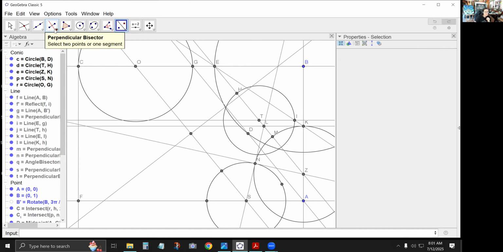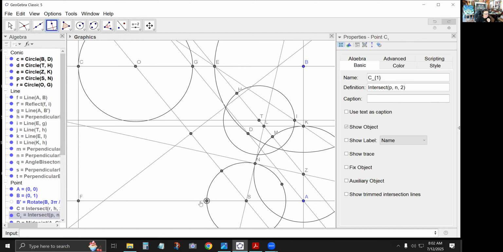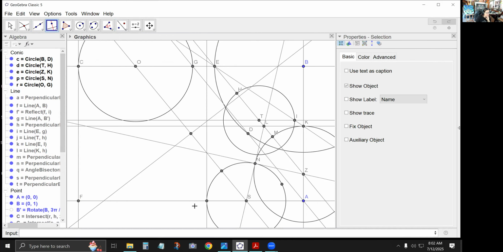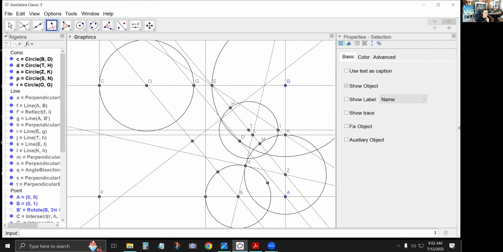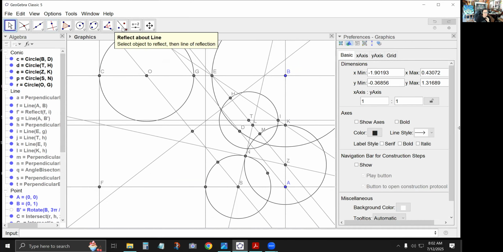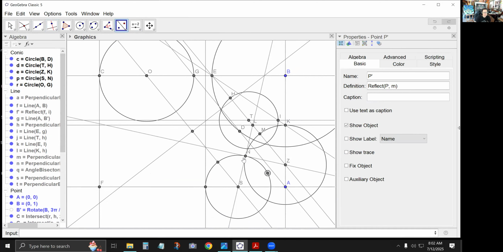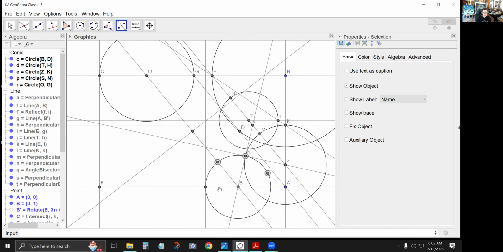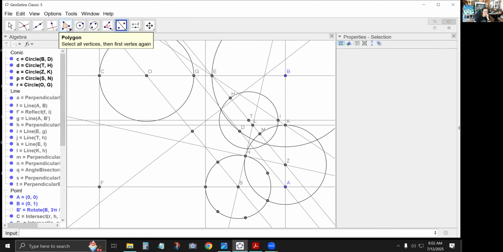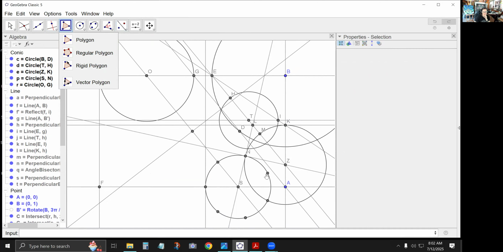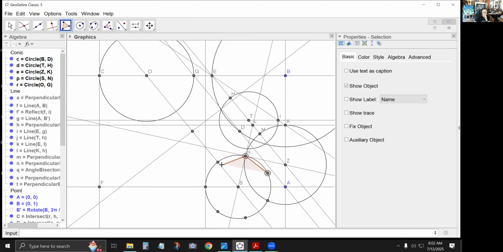So first, let me put in a perpendicular line that's going to be useful. And then I want to reflect these 3 points. I'm holding Control and clicking to select all of them. Let me hide that label. And I'm going to use my polygon tool to put in this heptagon.